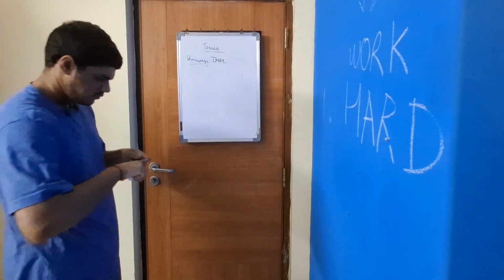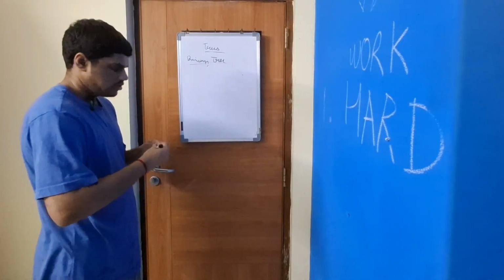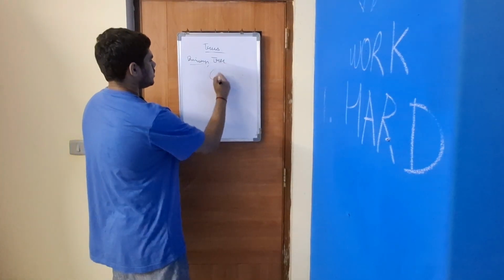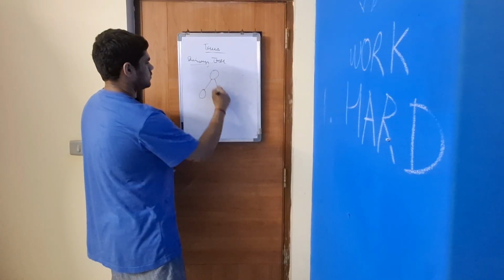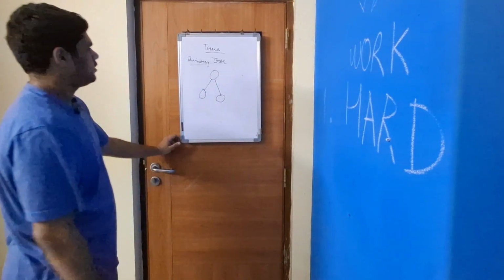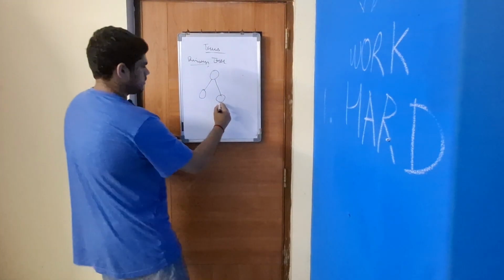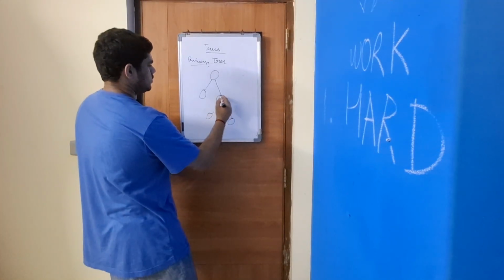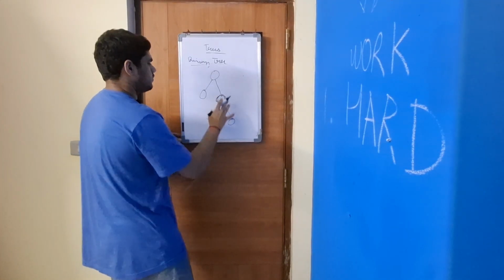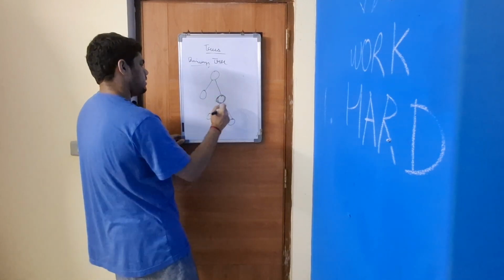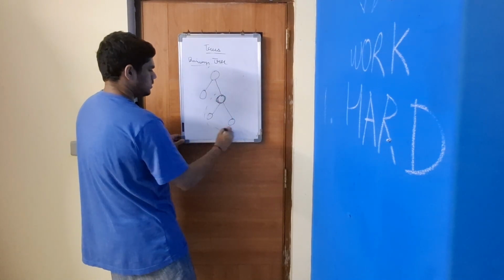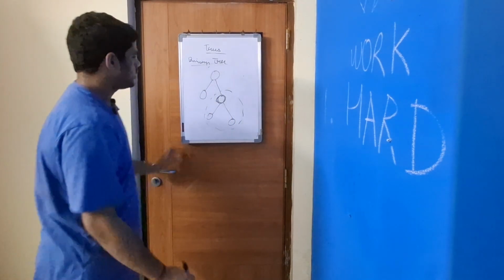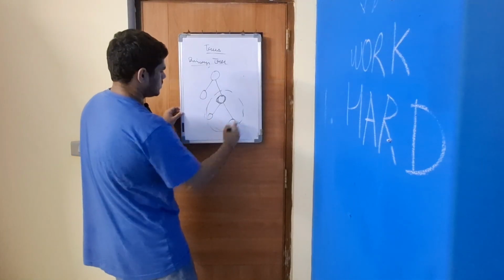the last terminology is remaining. If this is a tree, let's divide it into more parts. If you are at this node, then this whole tree is called a subtree.